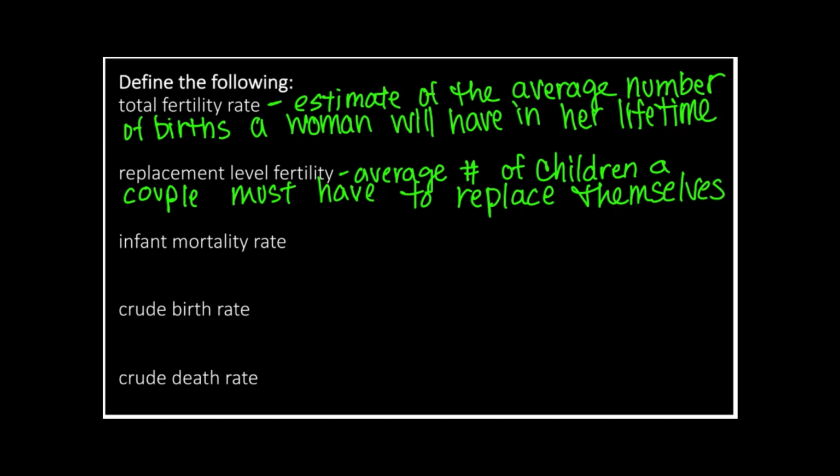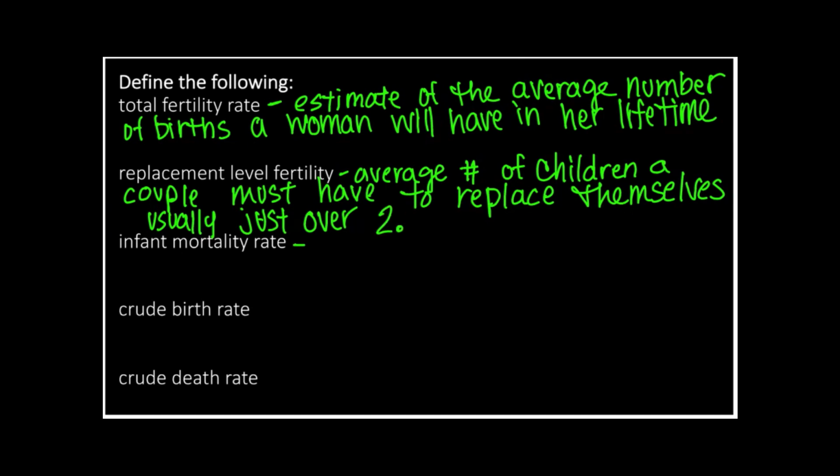Interestingly, it's usually just over 2, like 2.1 or something like that, because they have to account for the fact that some die.